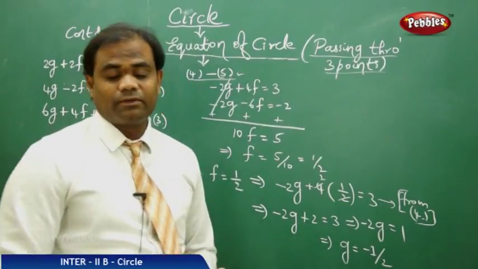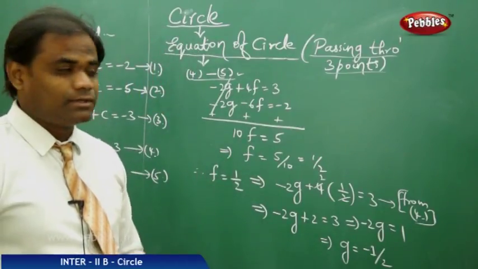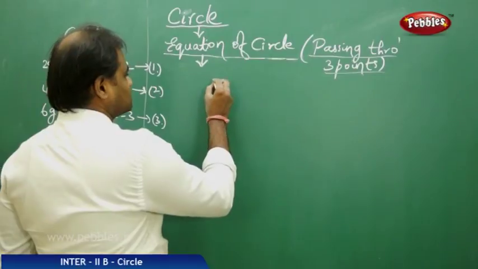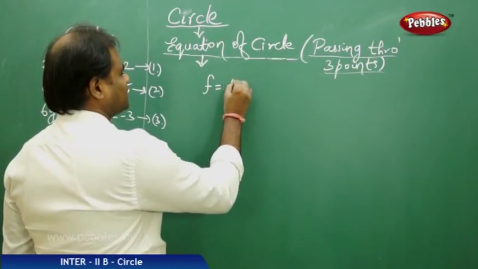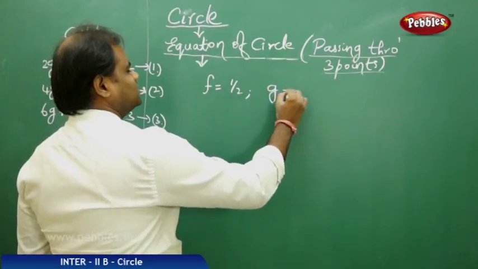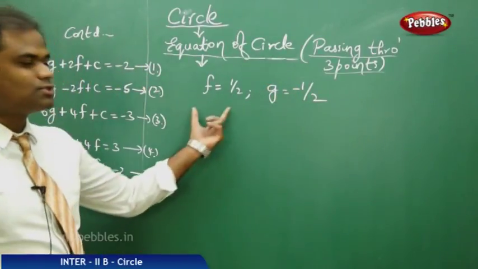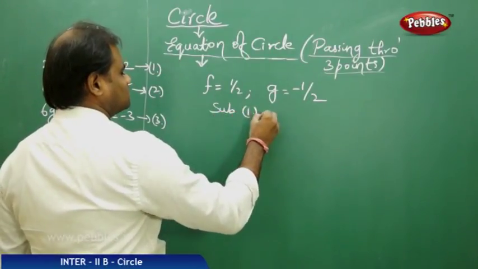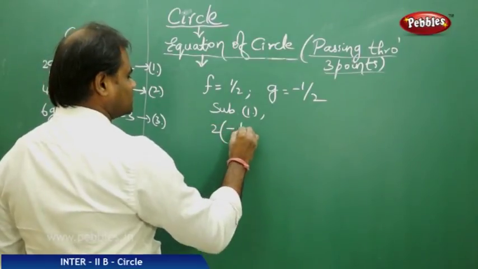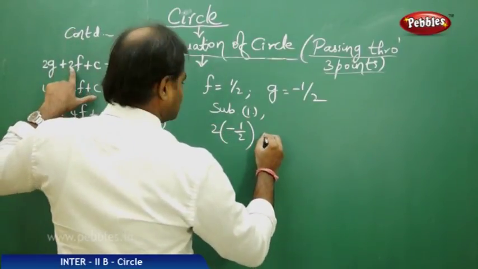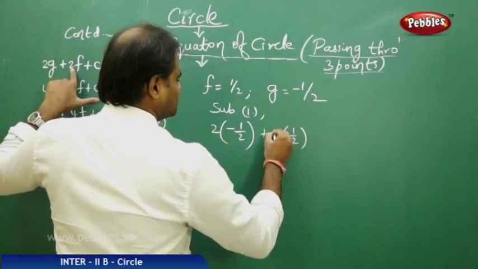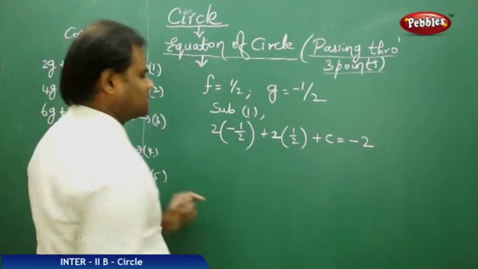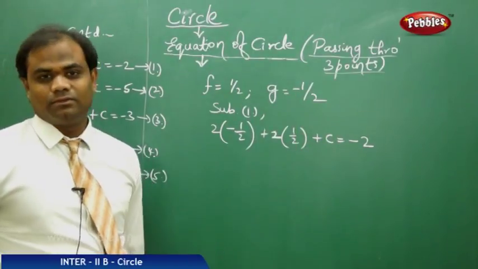So let's see how we can find even the third unknown c using the elimination method. So therefore, with the equations where I obtained f is half and g is minus half, I use these two unknowns and I substitute in equation 1. I get 2g, which is 2 times minus half, plus 2f, which is 2 times 1 by 2, plus c equals negative 2.